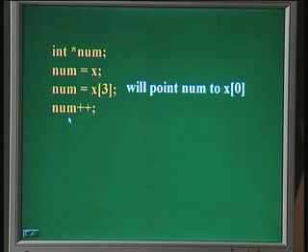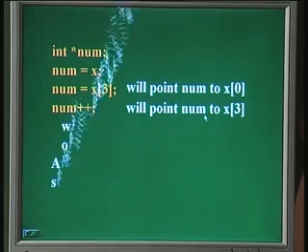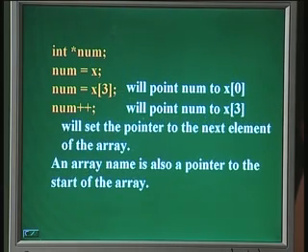We can also increment. If you set NUM equal to x and then say NUM plus plus, it will point to the next element of the array. So this would point to x of 0 and this would point to x of 3, etc. If you do NUM plus plus, it will send the pointer to the next element of the array, and we can continue doing this to read off all the elements in the array.